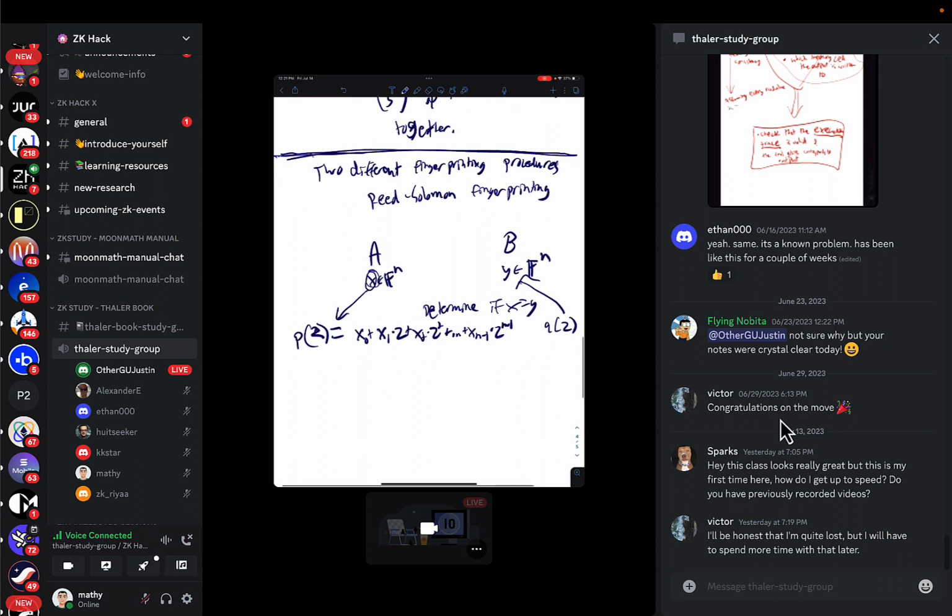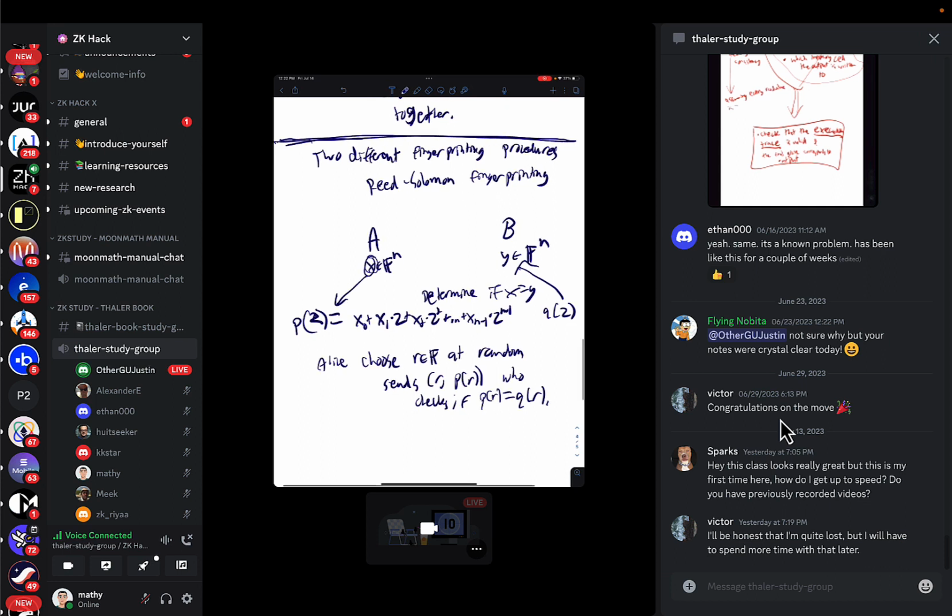And what Alice does is she chooses a random field element R, sends R and P of R to Bob, who checks whether P of R equals Q of R, and if so, he outputs equal, and if not, he outputs not equal. Okay, so that's Reed-Solomon fingerprinting.